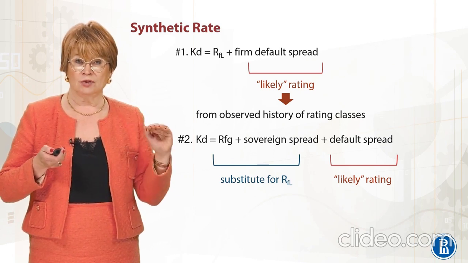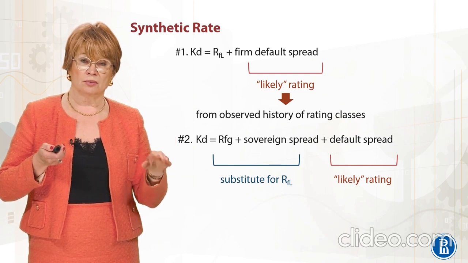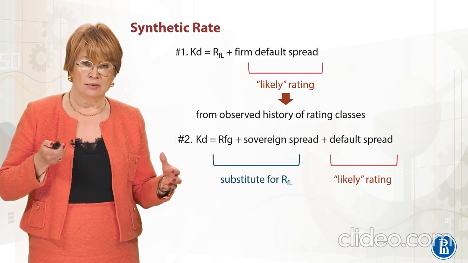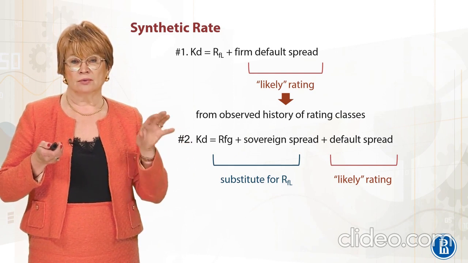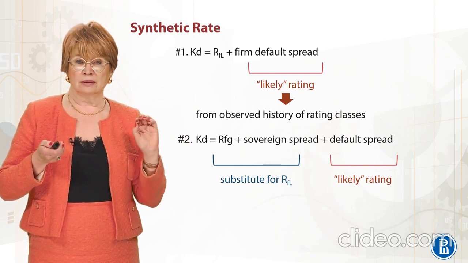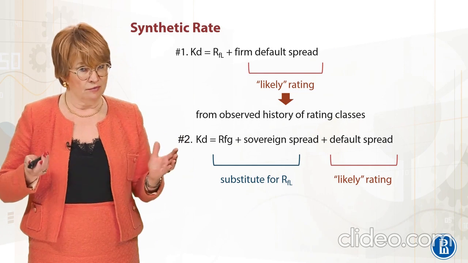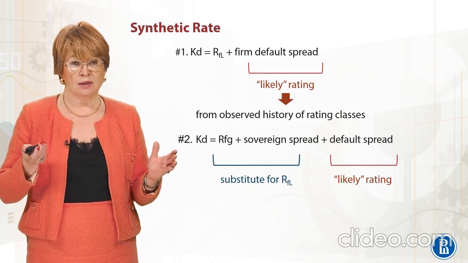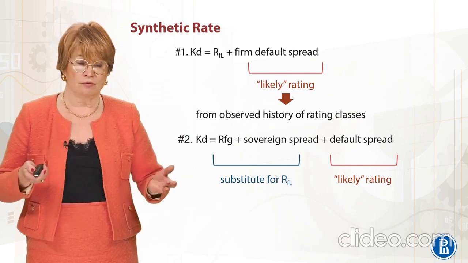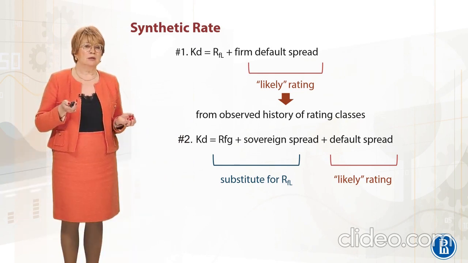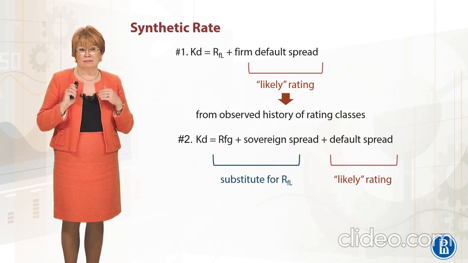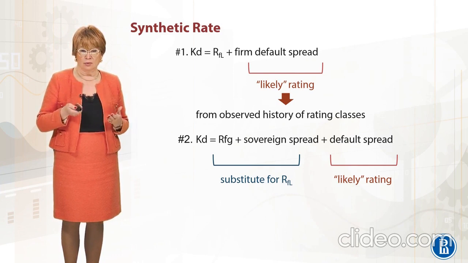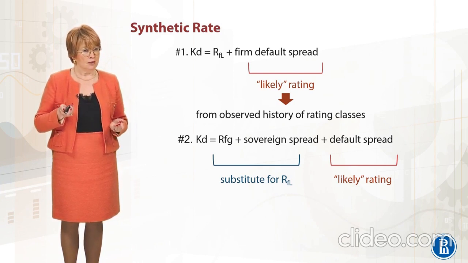So from the history of credit ratings, you are capable of getting the data about the firm default spread belonging to some particular rating class. But you do not have corporate bonds outstanding for that company. That means you do not have, of course, your official credit rating. Then you need to get some likely rating. How you're going to do it, I'm showing on the next slide.